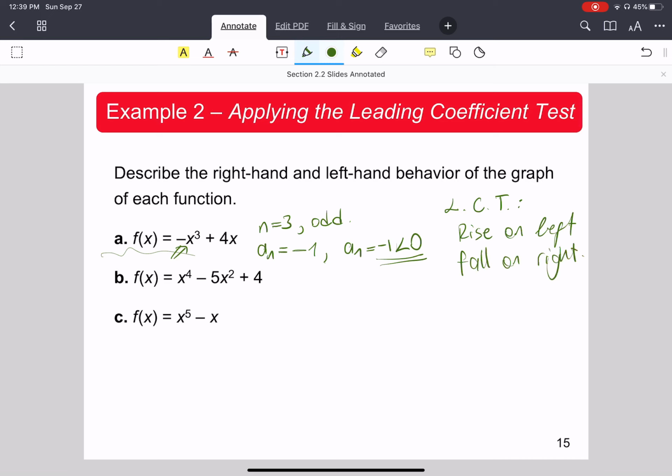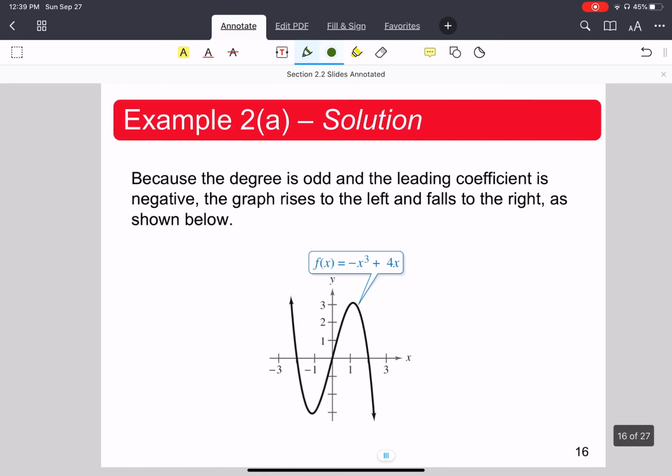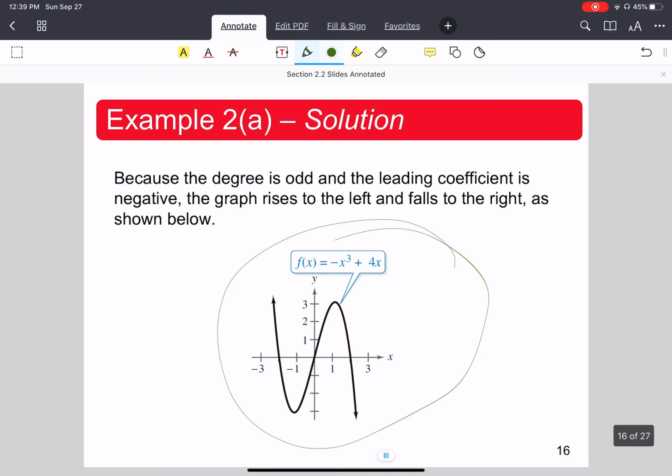So according to the test, we make the conclusion that the function is going to rise on the left and then fall on the right. Roughly speaking, it's going to look something like this. So it's going to rise on the left, fall on the right. On the next page, I probably have the exact situation here. As you can see, the function looks like this.